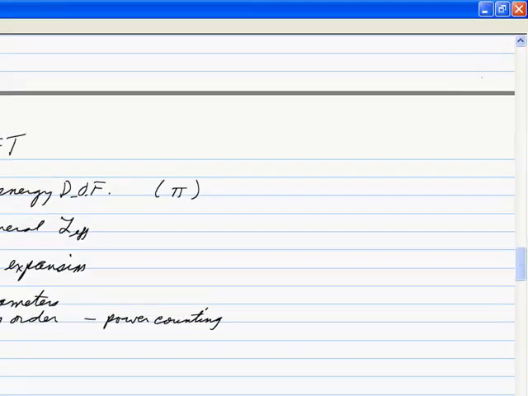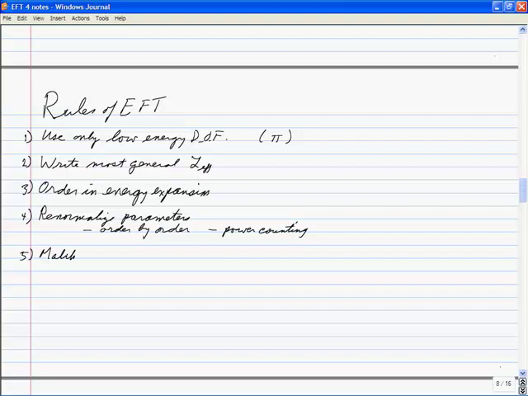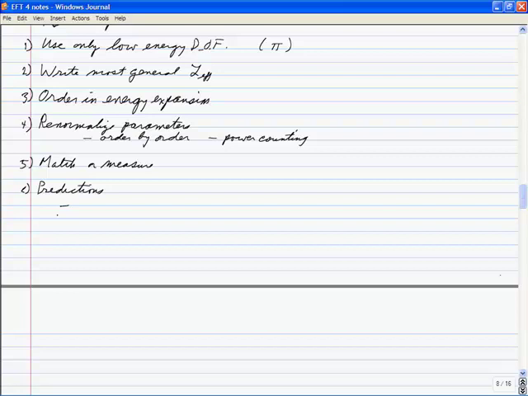The fifth step is you match or you measure. And then the sixth step is there are residual predictions. In the example that we did, the predictions were in that loop function, B, S, T, U, which had various things like log s over mu squared plus dot dot dot.